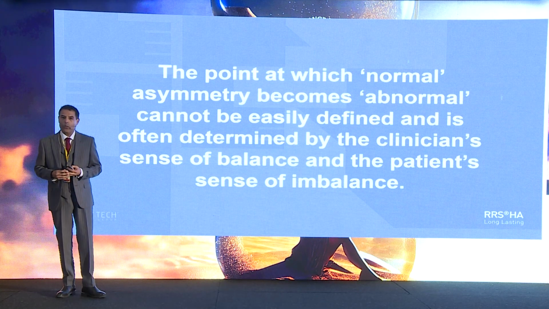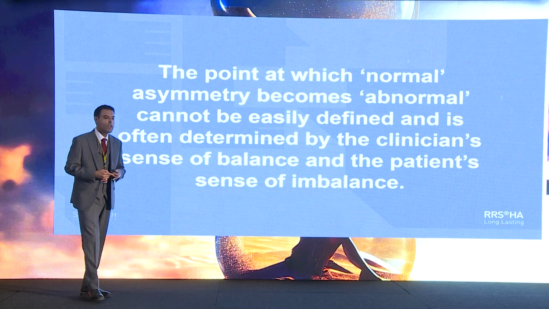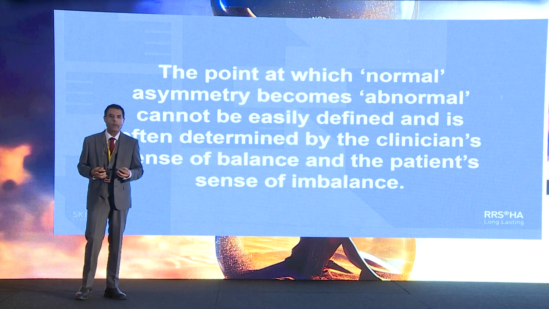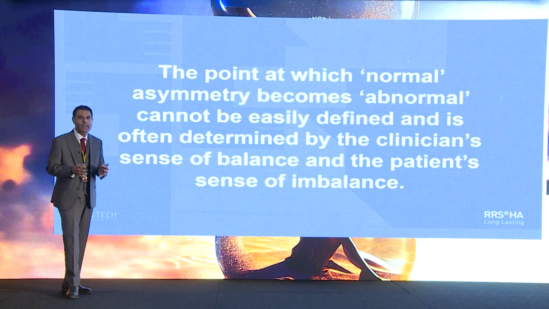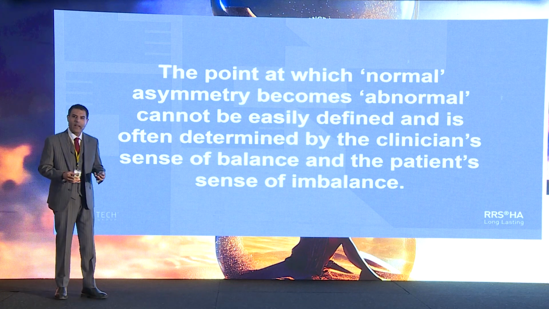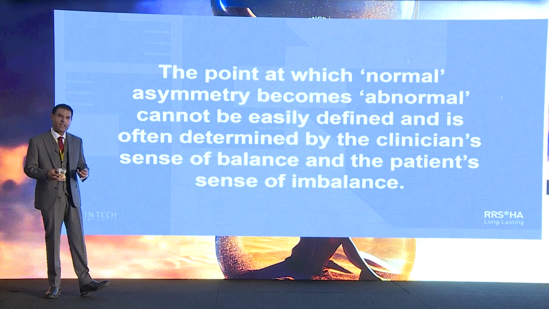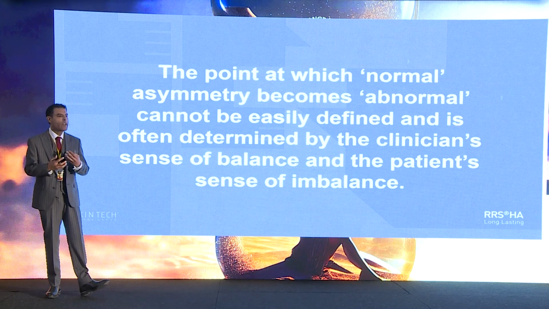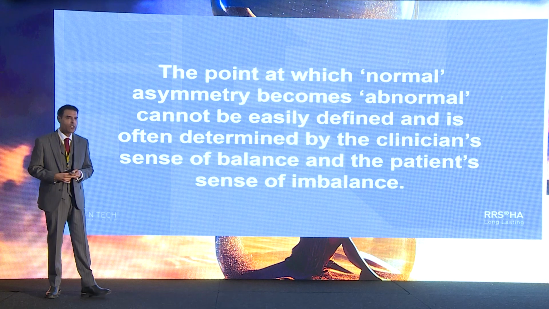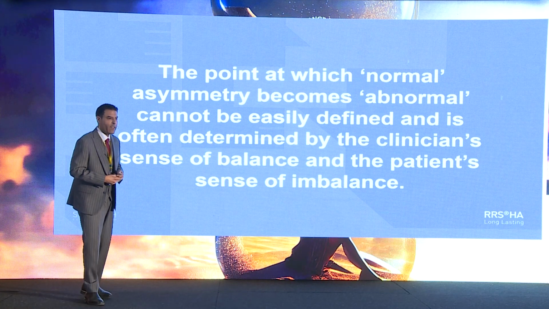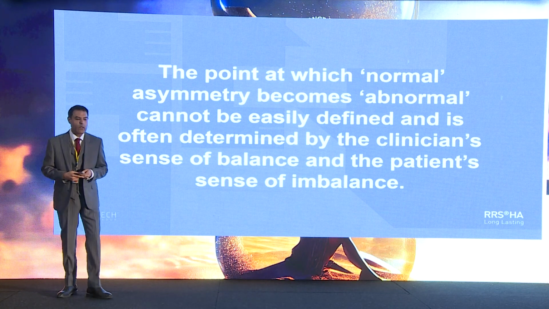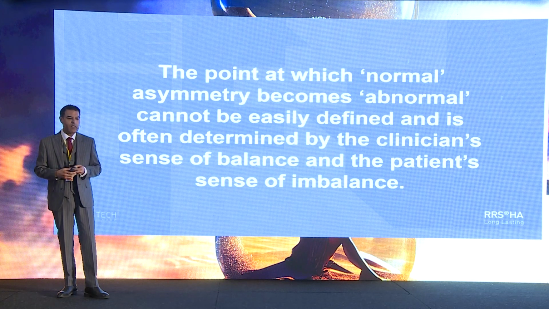And it's at the point when our patients come to us that we can certainly determine whether there is a normal and then the abnormal. When the patient comes, it's their sense of imbalance and our sense as clinicians of balance. And then we have that information exchange. We look at their expectations, and we carry out a thorough assessment.